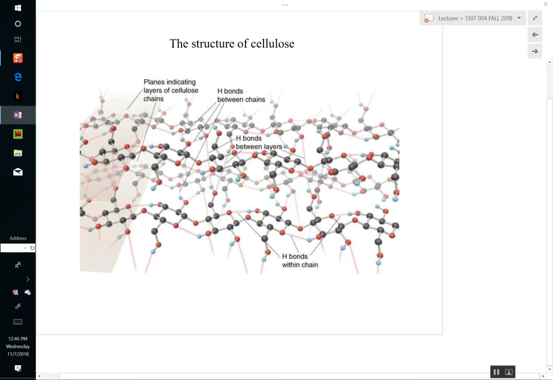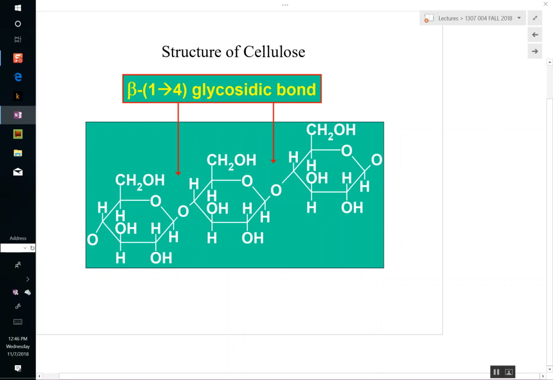I think I mentioned the other day how strong this makes this polysaccharide, so that you can have tree trunks and things like that. It's not like spaghetti just flopping all over. It's like spaghettis that are all tied into each other, and they're nice and stiff and hard and strong. So that's about all I want to say.